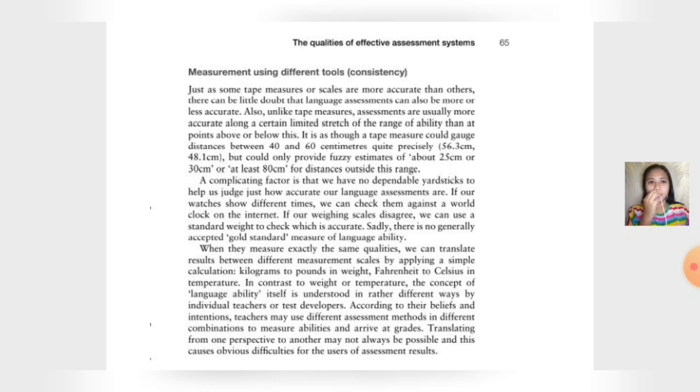A complicating factor is that we have no dependable yardsticks to help us judge just how accurate our language assessments are. If our watches show different times, we can check them against a world clock on the internet. If our weighing scales disagree, we can use a standard weight to check which is accurate.